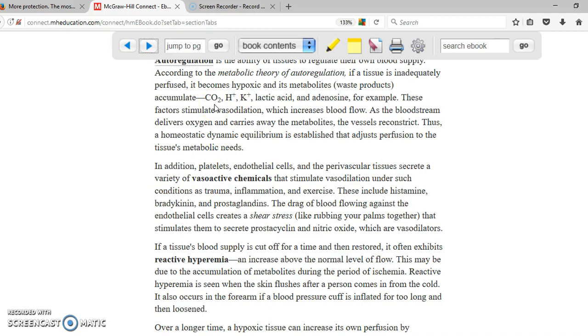You're going to have less oxygen. Since you have a lot of carbon dioxide, the pH will drop, so that area is going to become acidic. Therefore, that's going to trigger the vasodilation of this area, so you can get more blood in there, so you can actually eliminate the carbon dioxide and increase the pH in those areas.